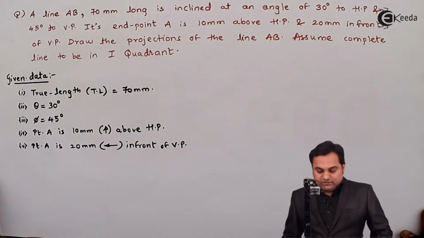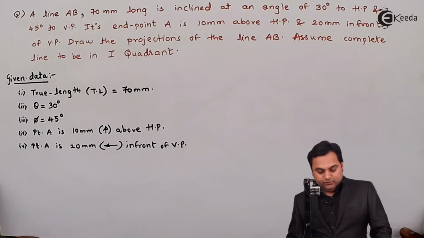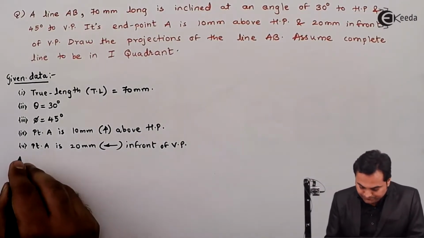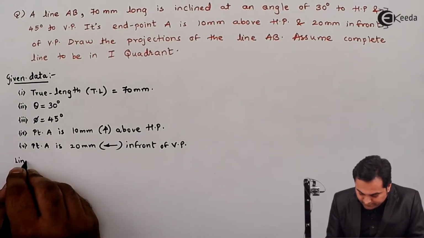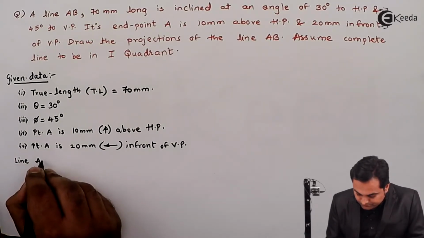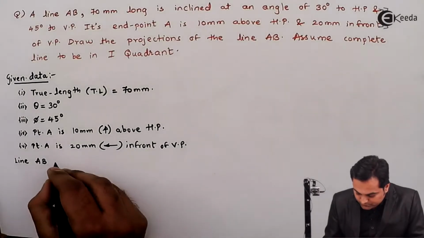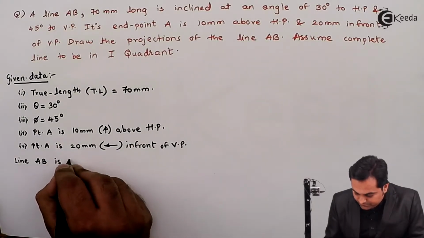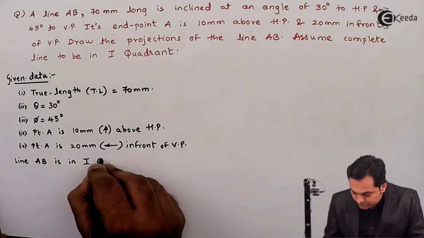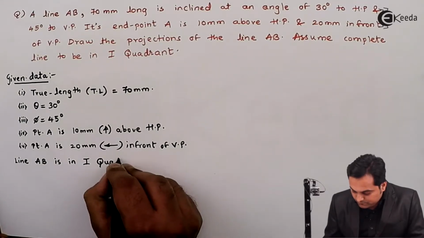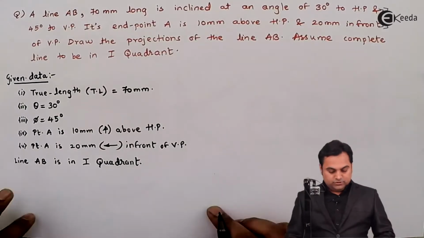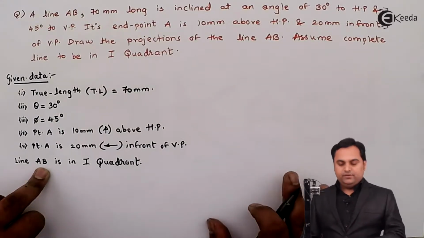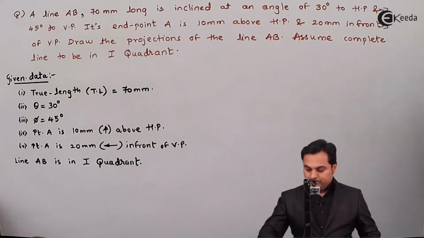Draw the projections of the line AB. Assume the complete line to be in first quadrant. It means line AB is in first quadrant. So it means both the points A and B are to be there in the first quadrant.